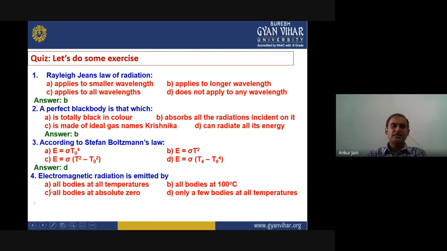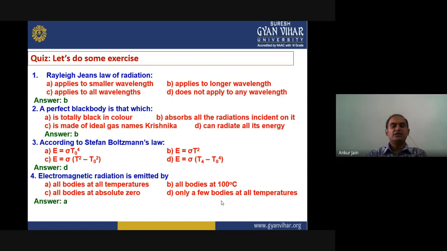The next question is, electromagnetic radiation is emitted by all bodies at all temperatures, all bodies at 100 degrees centigrade, all bodies at absolute zero, or only a few bodies at all temperatures. So definitely all the bodies at any temperature can emit electromagnetic radiation.